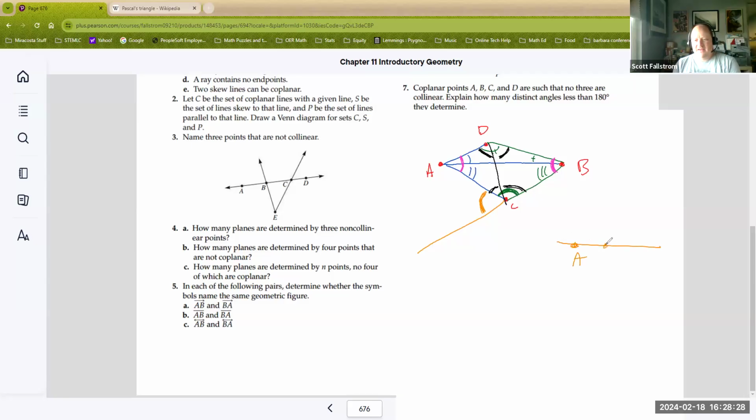We had A, B, and C, and I asked you to form all the rays. And we'd have a ray from A going this way and B going this way, but we really don't have a ray from C going this way. It exists, we just can't name it. And so that's why we're like, which ones can we name? The only one I can name is A to C and B to C. So I would probably leave this one off of my final answer, even though it is created.